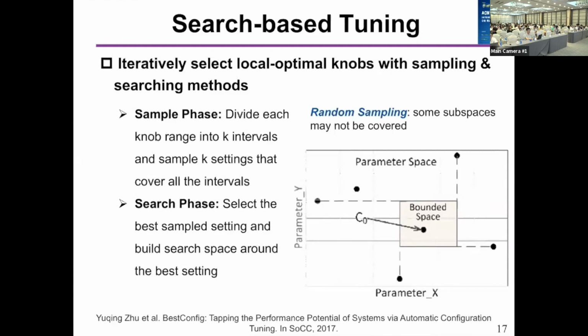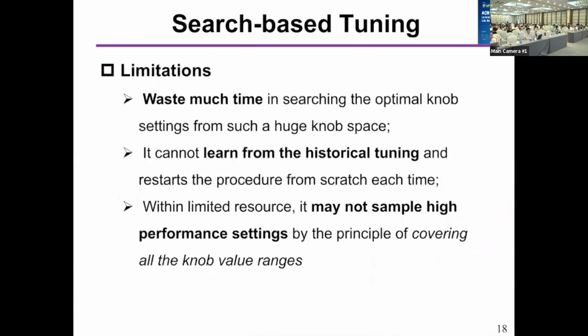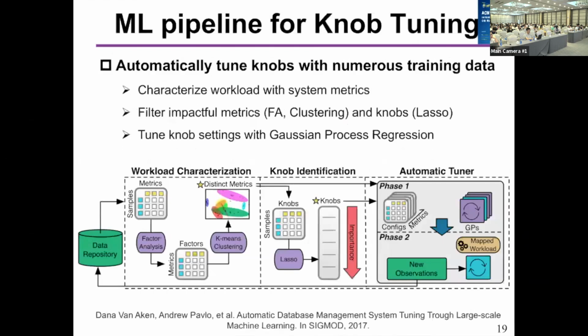So this relies on training data. It has some limitations. It wastes time searching the knobs, it cannot learn from previous tuning, and needs to restart the procedure from scratch each time. And they also need some training data.